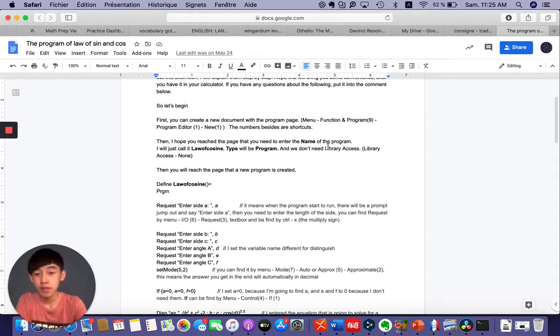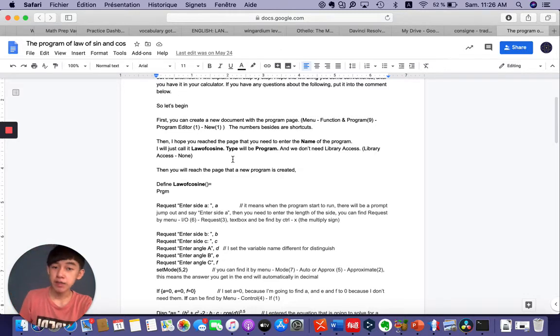Typing the whole program into the calculator again is very time consuming, so I will just explain here, and I think it is already very clear, very explicit.